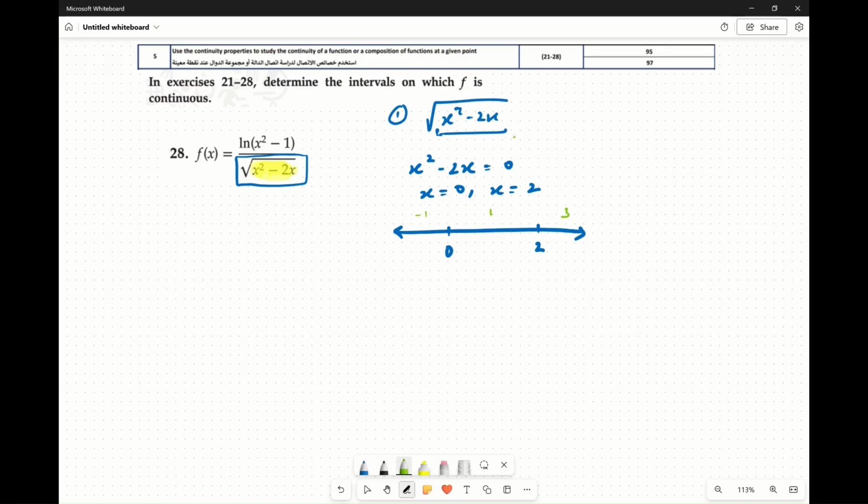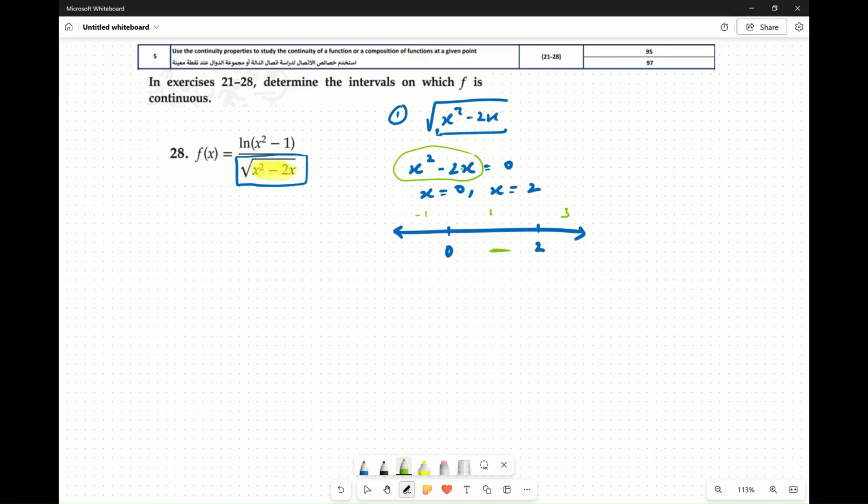Now we start substituting here to check where this is positive or negative. If I were to substitute 1, I will have 1 squared minus 2, which is going to give me negative.